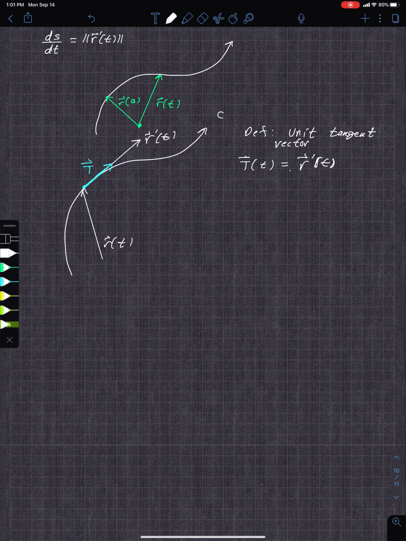How do you make it a unit vector? You divide by its magnitude. Keep in mind that the unit vector has a constant length of 1. That's going to have implications for other stuff later.